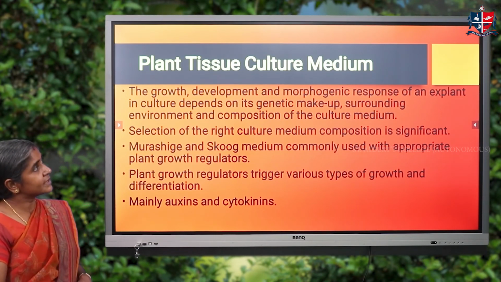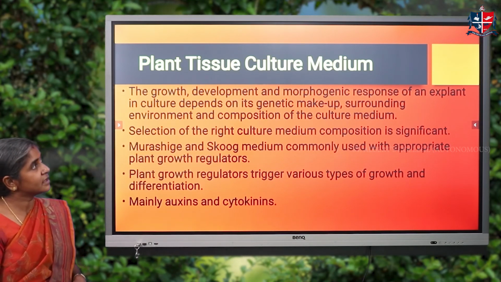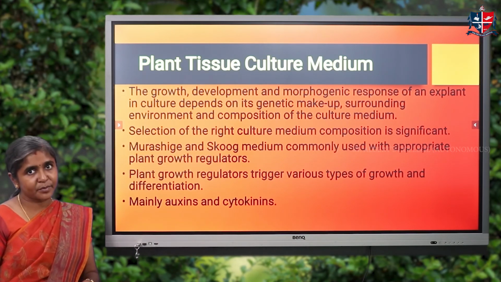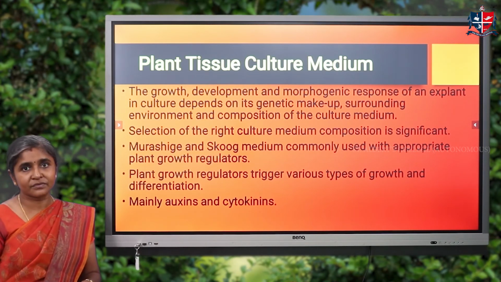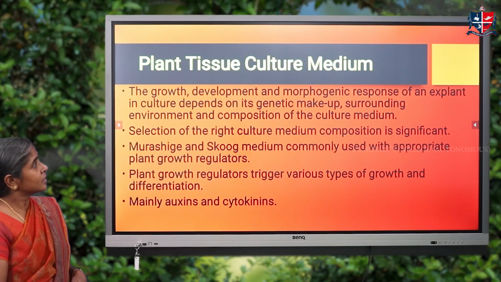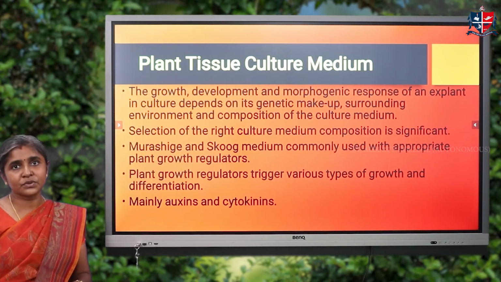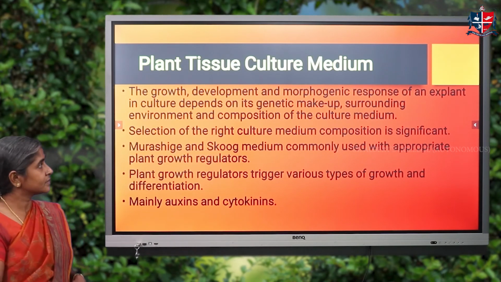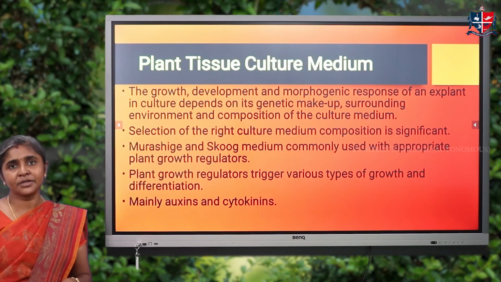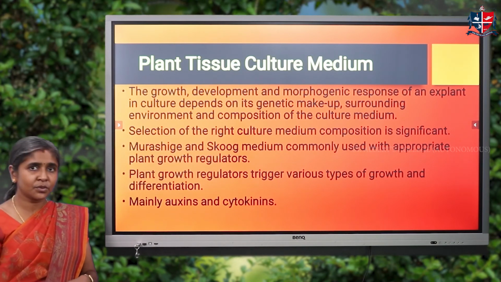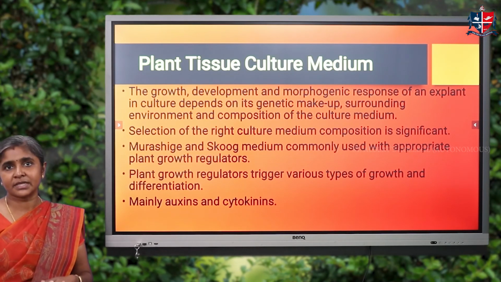The growth, development, and morphogenic response of an explant in culture depends on its genetic makeup, surrounding environment, and composition of the culture medium. So, selection of the right type of culture medium having the right composition is very important. Murashige and Skoog medium is commonly used for doing plant tissue culture, though there are other more specific media also available for certain plants.